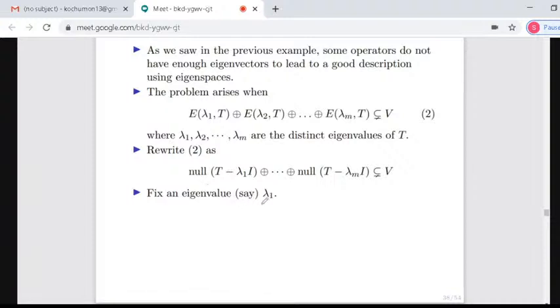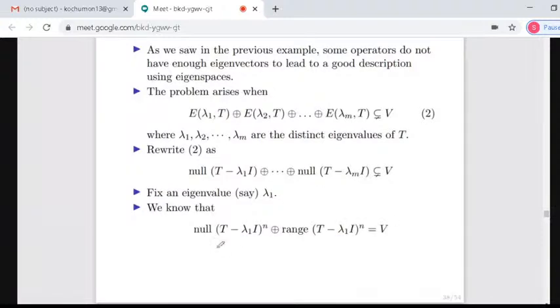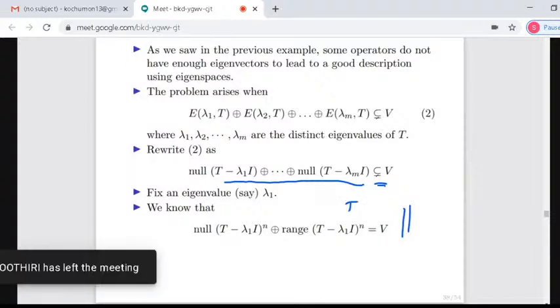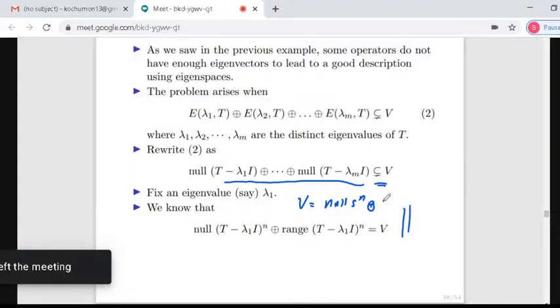So let us look at this situation with our existing knowledge. Fix an eigenvalue, let's say the first eigenvalue. Even though this is not full, we have assumed this fact: the null space of T minus lambda 1 I is strictly contained. But we know from when we started, for any operator, let's say S, V is equal to null space of S to the power n direct sum range of S to the power n.